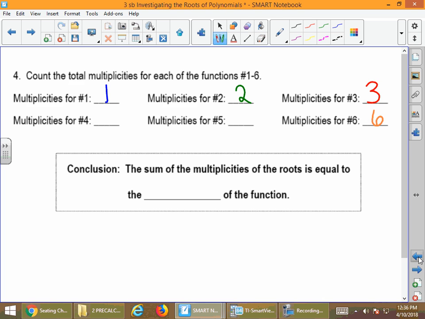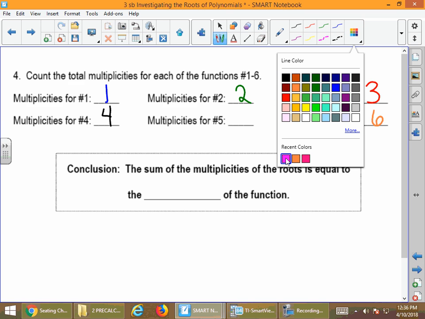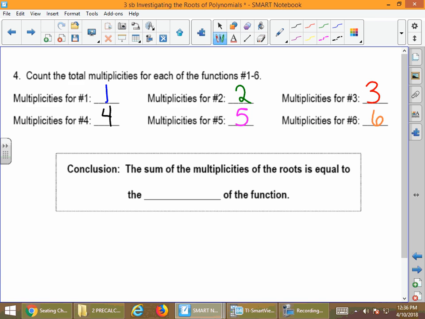So we've got 4, 5. And finally, the sum of the multiplicities of the roots is equal to the degree of the function.